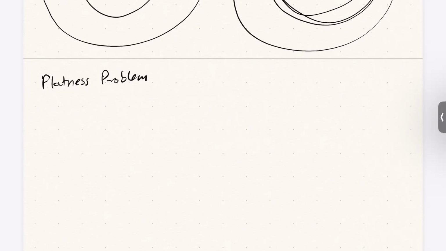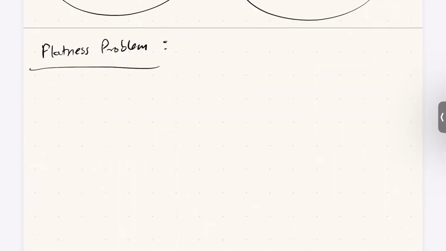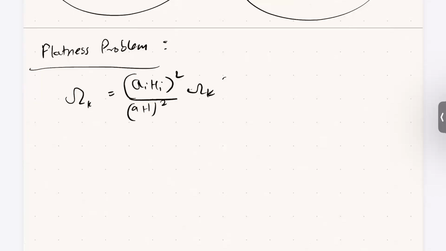Okay, so now let's revisit. I'll just cut down on this part a little bit. So now we go back to the flatness problem, and let's see if the shrinking Hubble sphere indeed solves this problem or not. So again, reiterating the curvature density parameter, which is given by the following expression at any arbitrary t.